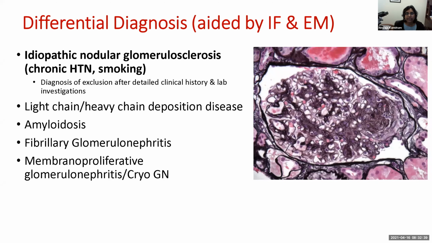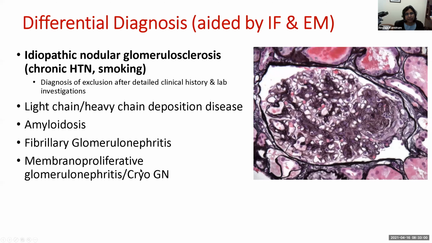And when all of that is excluded, similar changes can be seen in patients with chronic hypertension and chronic smoking. Smoking seems to be a very important reason why the glomerular changes develop, and they mimic diabetic nephropathy.